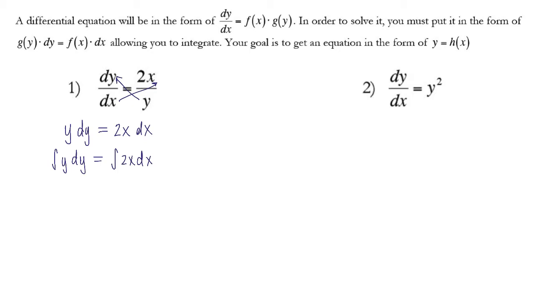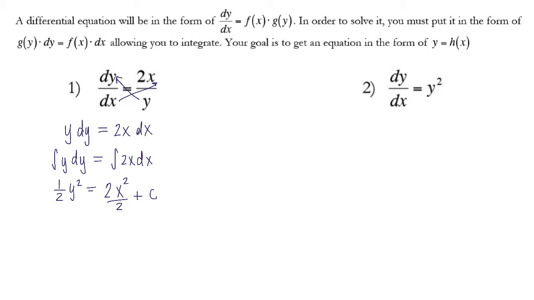So we would take the integral of y dy, well that's going to be 1/2 y squared equals 2, and then here we're going to integrate, and so we're going to get x squared over 2, and then we're going to have our plus c.